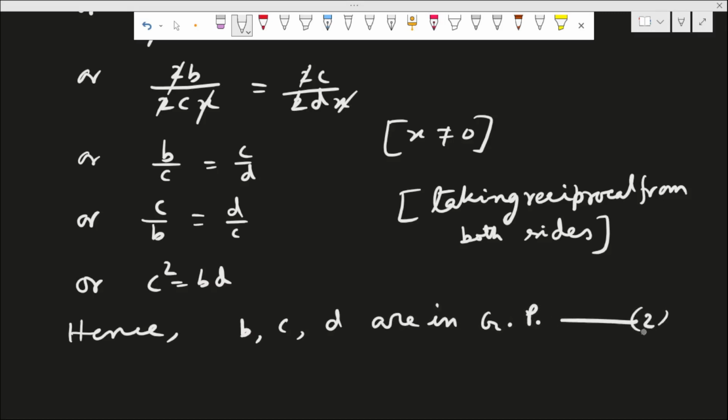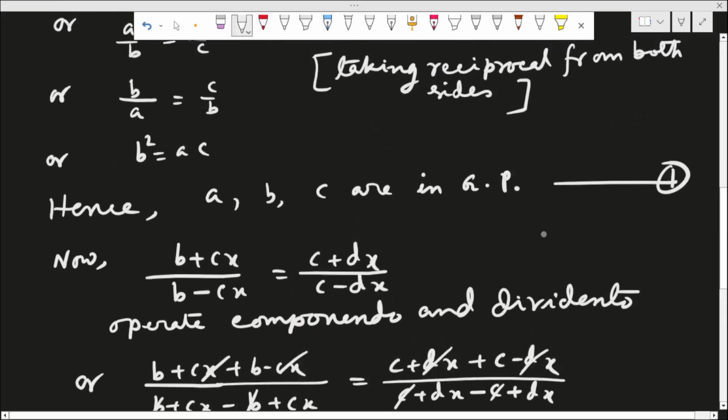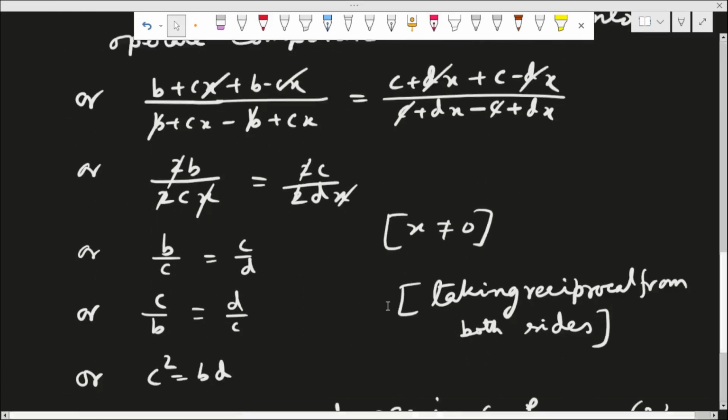Now number 2, see what we have seen from 1, A, B, C are in GP and from 2, B, C, D are in GP.